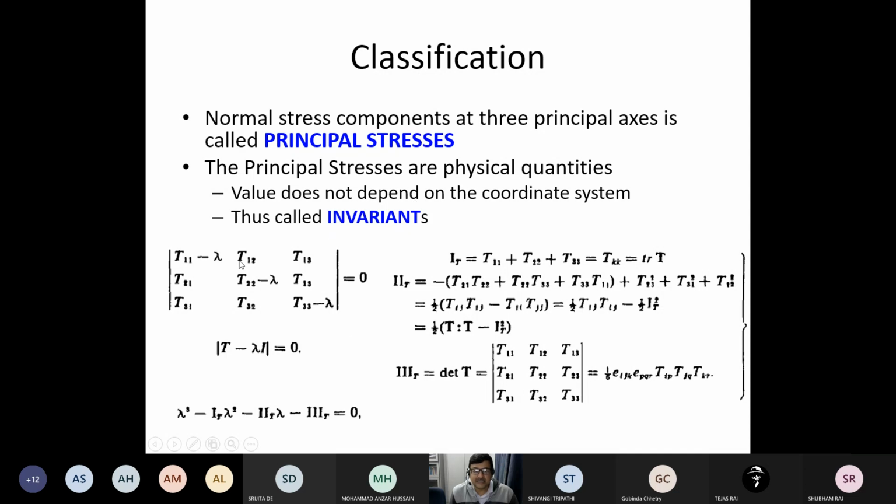The numbers, this 1, 2 and 3, are the first invariant, second invariant and third invariant. These numbers will remain constant irrespective of your coordinate system. Invariant means it is a real constant.